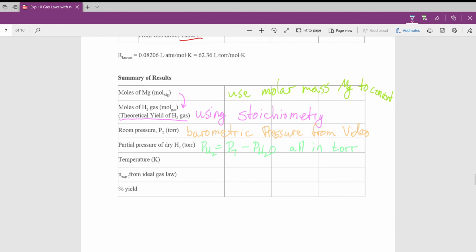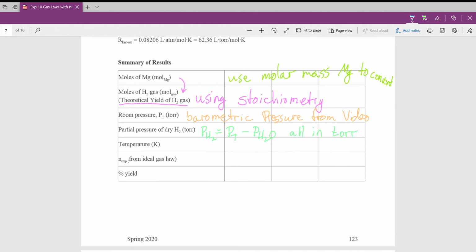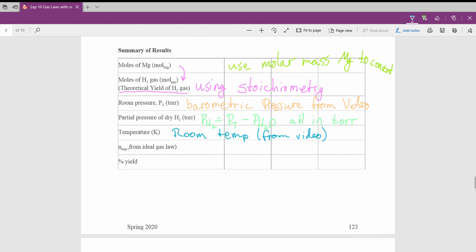Then let's see, temperature. That's just the room temp. That's from the video. Then n experimental from the gas law. What's the gas law? PV equals nRT. I was going to do that in a different color. Isn't it fun watching me do this as I go?